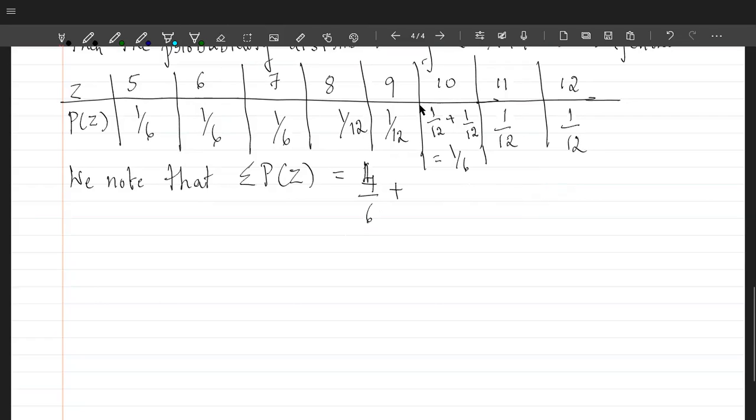Then you have 1 by 12 plus 1 by 12. So you have 4 copies of 1 by 12 also. So if you add them, you get 4 by 6 is equal to 2 by 3 plus 4 by 12 is 1 by 3. So if you add them, you get the sum as 1. So summation of P of Z is equal to 1.